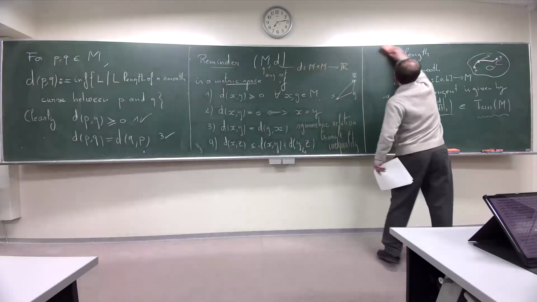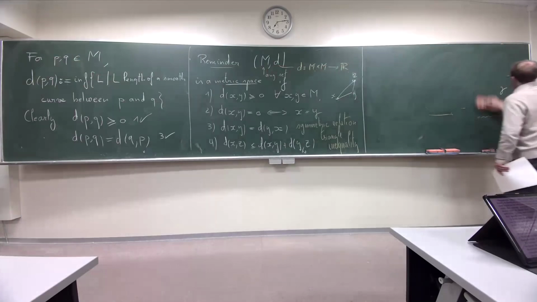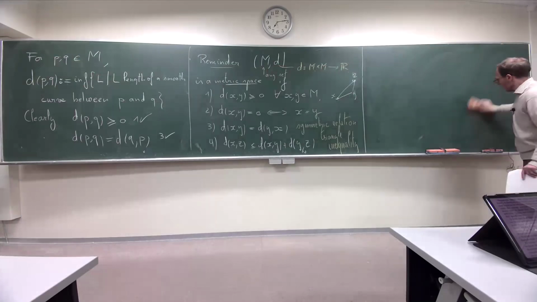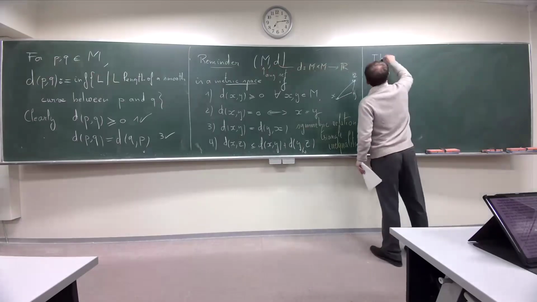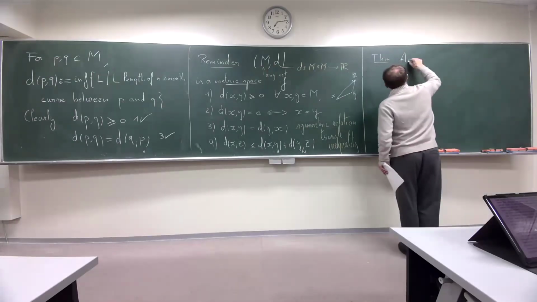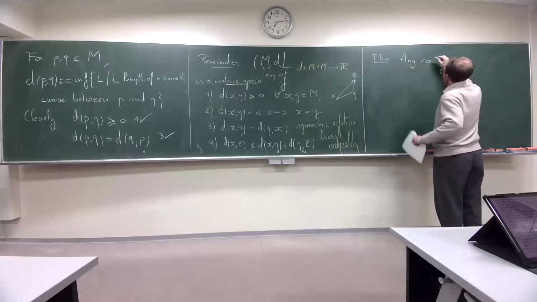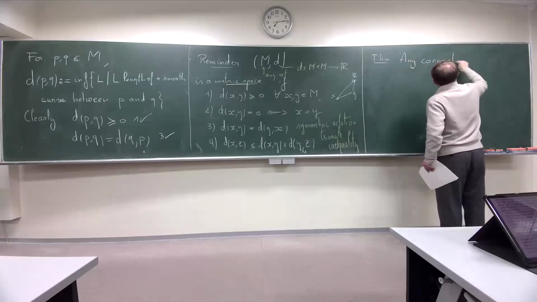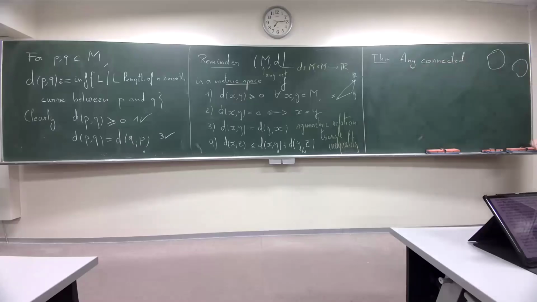And this is a theorem which says that any connected Riemannian manifold is a metric space, with D given by what I have written there. I need it to be connected. Why? Because if you have a manifold made of 2 parts, you cannot consider the distance between these 2 parts.